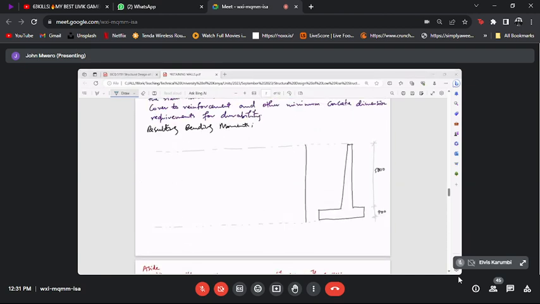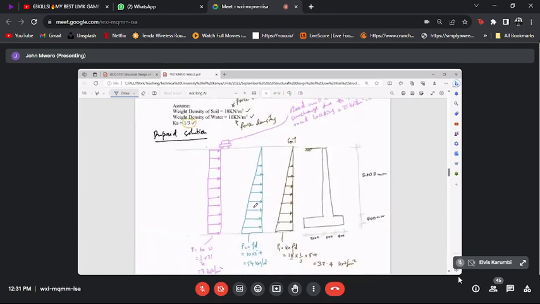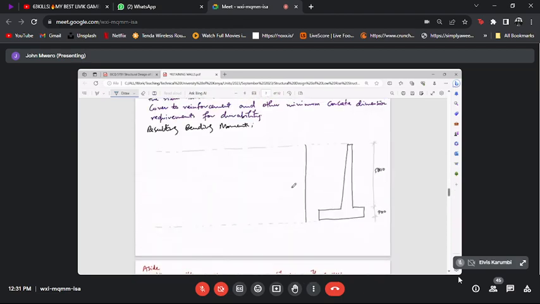So we start with the soil. The first loading we've calculated was for the soil, so we start with the soil. We draw the bending moment diagram.